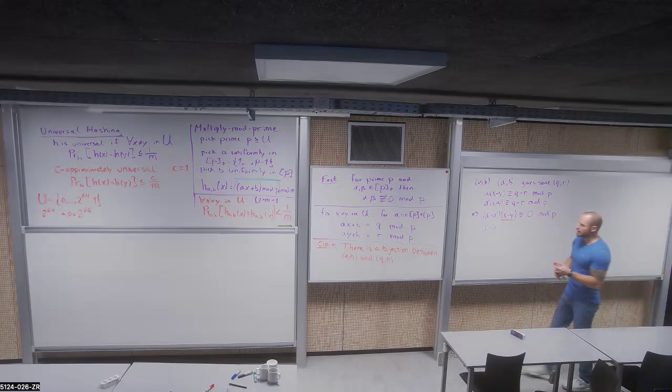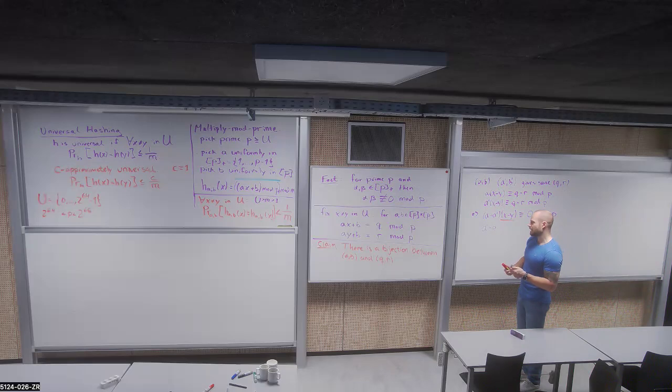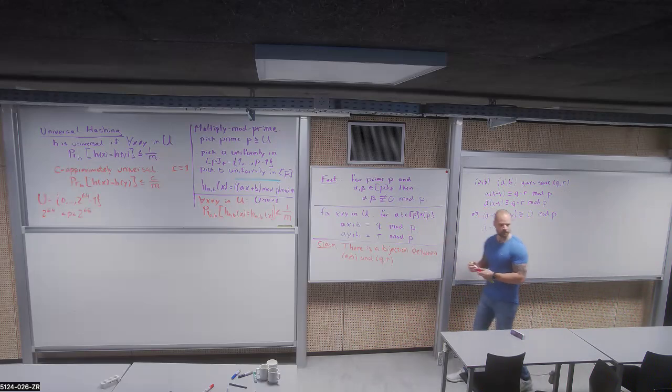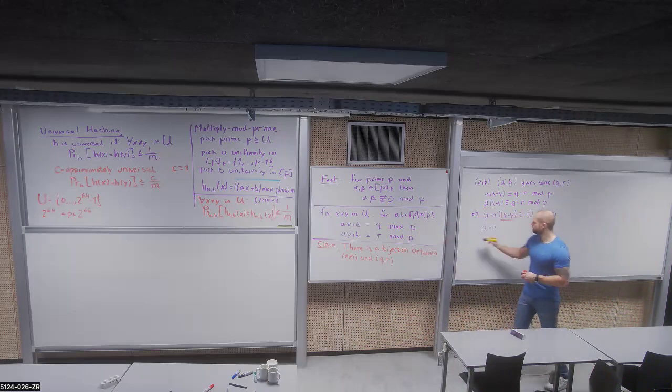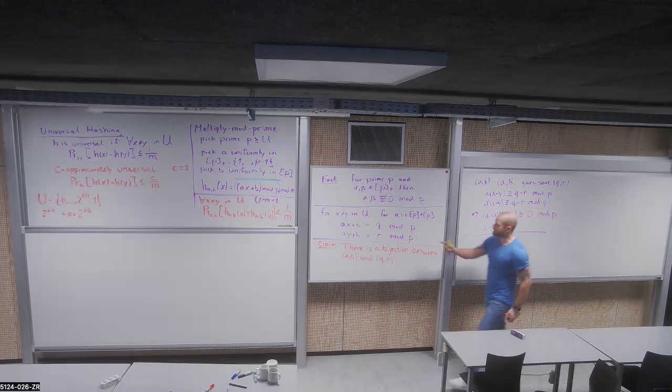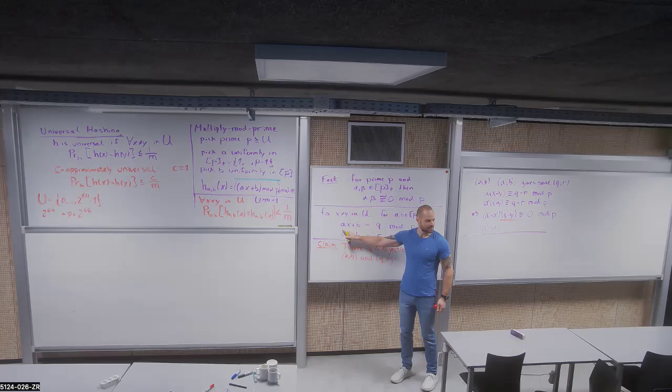For that one, let's look at this equation here, and we're going to subtract the equation for the A prime B prime pair from the one for the AB pair. The nice thing now is we know that A prime equals A, right?